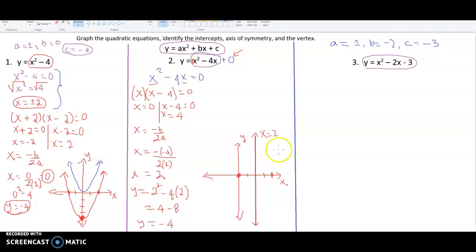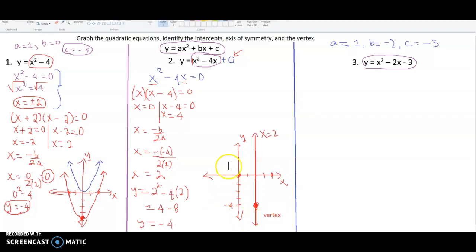So when x equal to 2, y equal to negative 4. 1, 2, 3, 4. Negative 4 is right there. And that's going to be 2 comma negative 4. So this point right here, guys, it is 2 comma negative 4. And this point right here is my vertex. Okay, that's going to be my vertex.